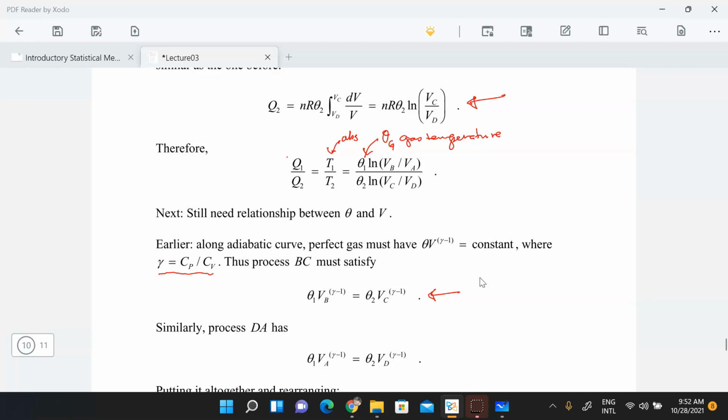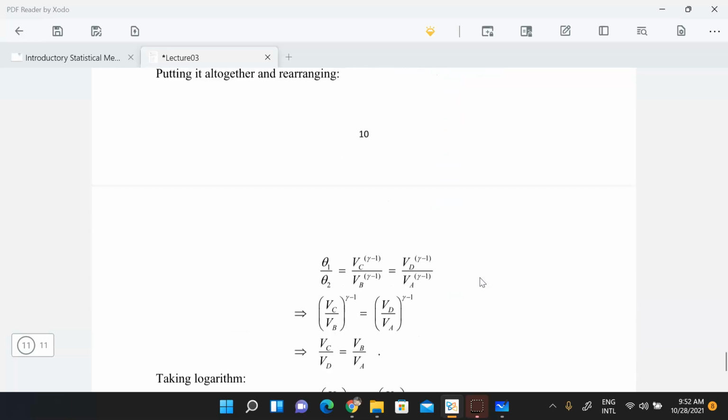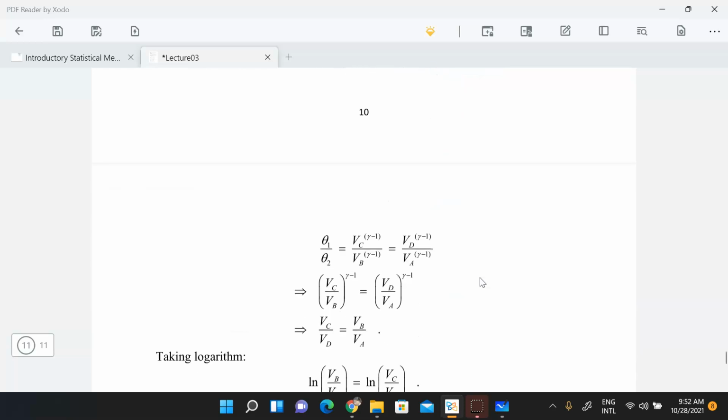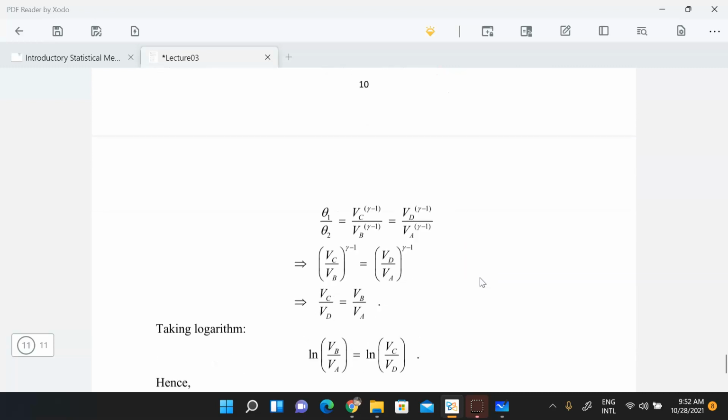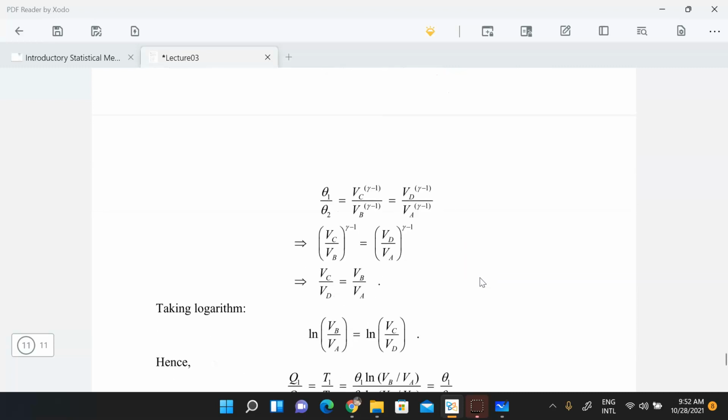Similarly, for the process D to A, you also have the same thing. So now we have this relationship between the different volumes, and you can actually use that. I can rearrange these two equations to give the ratios of the gas temperature, theta 1 divided by theta 2, here also theta 1 divided by theta 2. So I have these ratios of the volumes to be equal.